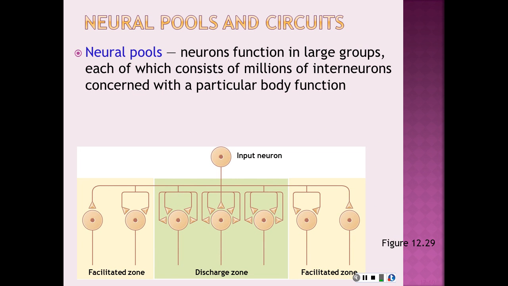Now here we look at neuron assemblies called neural pools, which may contain thousands to millions of interneurons. The function of a neural pool is partially determined by its neural circuit.